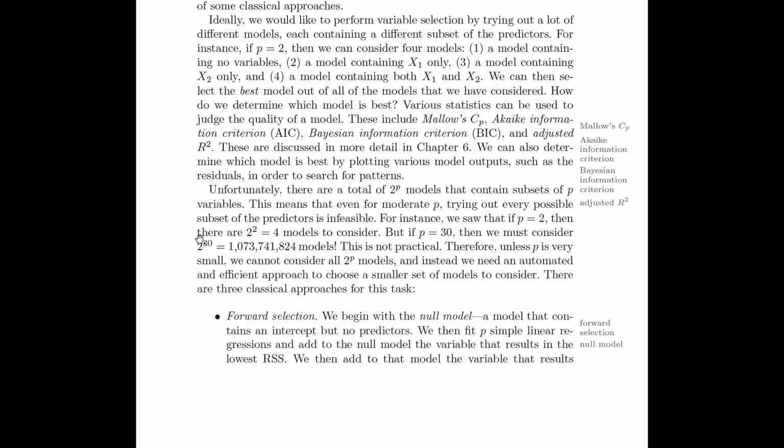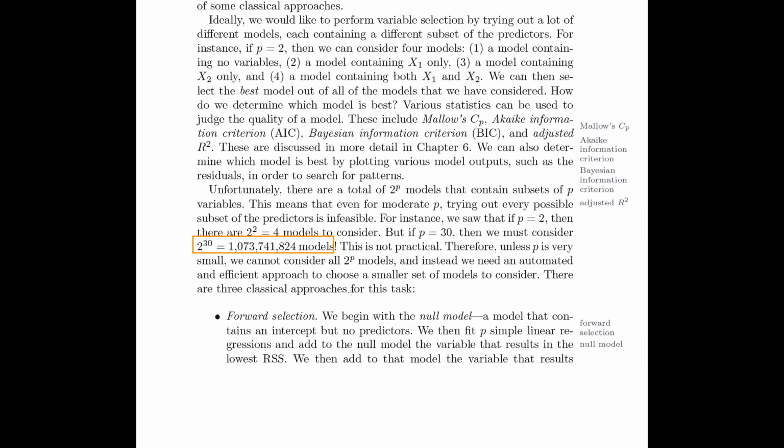Having said this, look how it grows exponentially. They're taking the example, if your data set has 30 possible predictor variables that you may choose to include in your model, it's very difficult to do this in a brute force way. Brute force meaning first trying to model with just one of them, and then trying with another one, or with two of them, or with three of them.